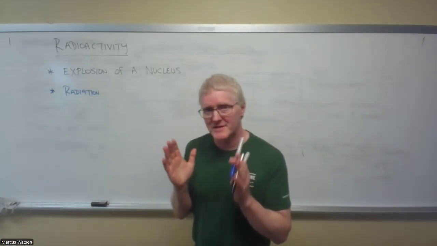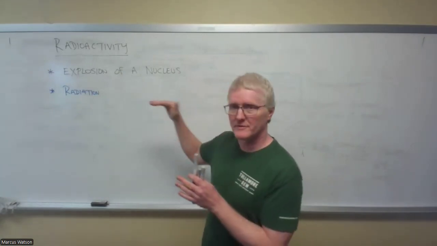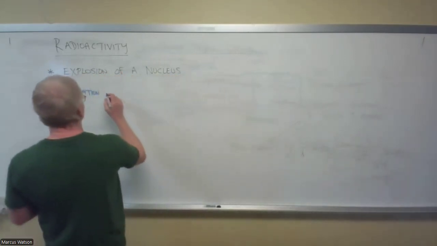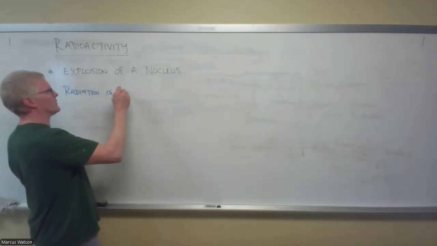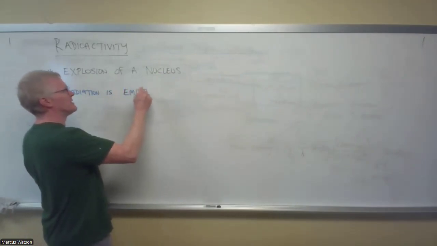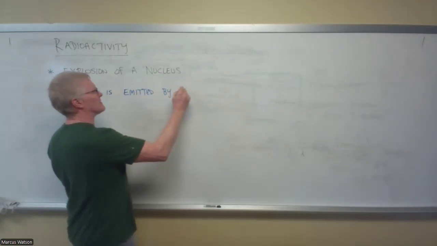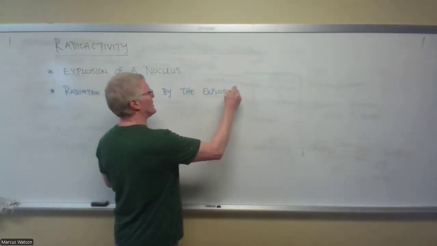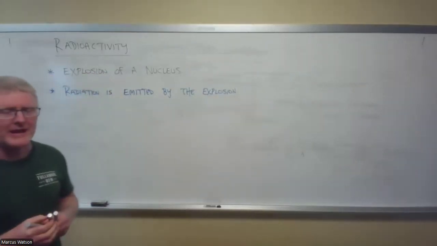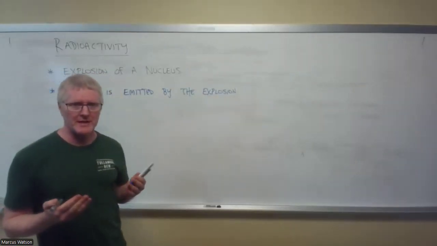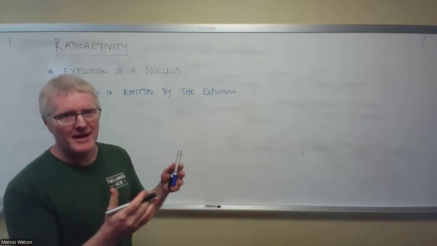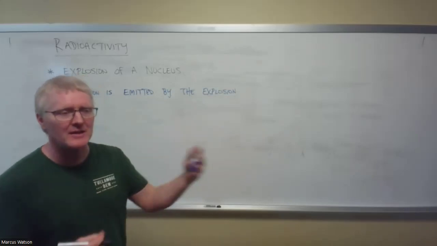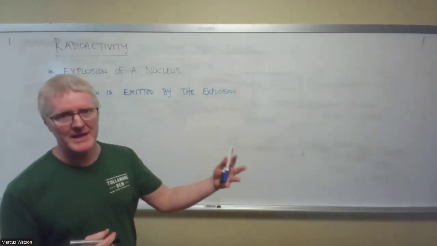Now, we have several different classes of radiation types, right? Radiation is emitted by the explosion, and it comes in different types. So there are characteristic types of radiation such that we classify elements that decay by the main mode of radiation that they emit.